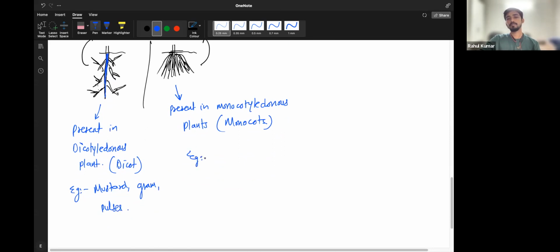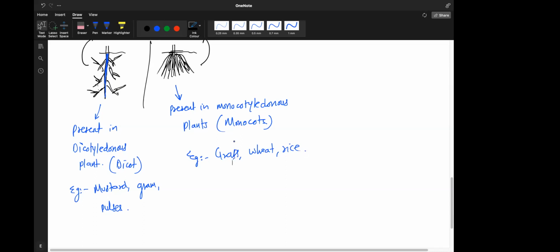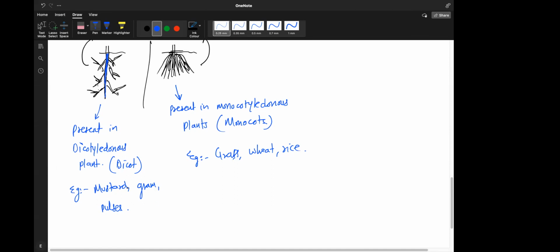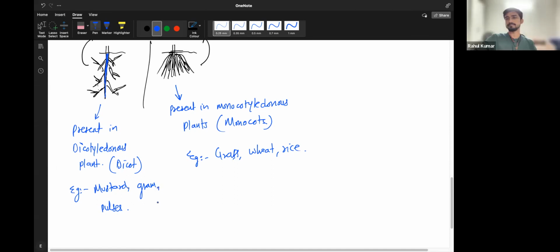And the examples for monocots is grass, wheat, rice, etc. So what is gram? Gram is chana. You know chana? Okay, that's gram.